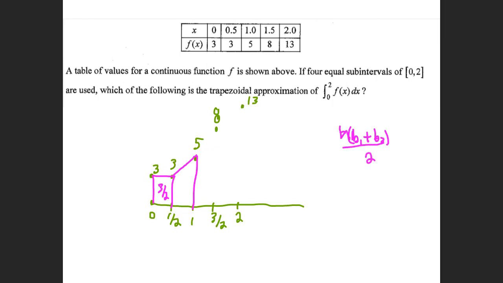Now, it's kind of weird. The height is 1/2, right? Because the bases are the parallel sides. So in this problem, it would be 1/2, and then base 1 plus base 2, which would be 3 plus 5 divided by 2. Or I could just put this all over 4, couldn't I? So this would be 8 over 4 or 2.